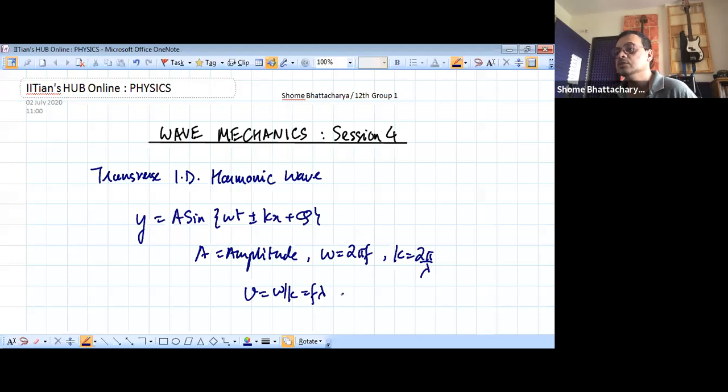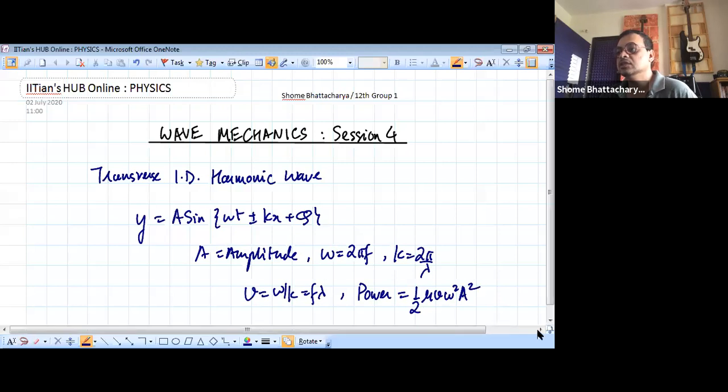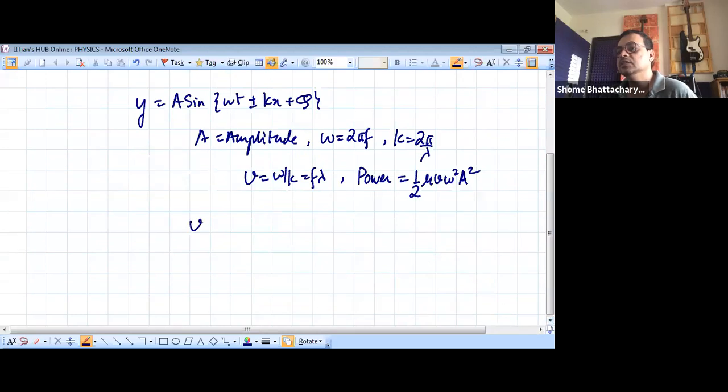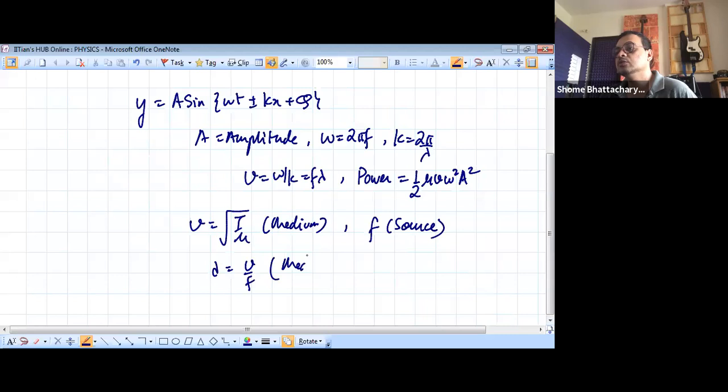And we also saw last time that the average power propagating through the wave is (1/2) μ v ω² A². And then of course about this relationship v = fλ, we saw that the propagation speed v is √(T/μ), so it's a medium property. f is the property of the source, and therefore λ, which becomes v/f, is affected by both the medium and the source.